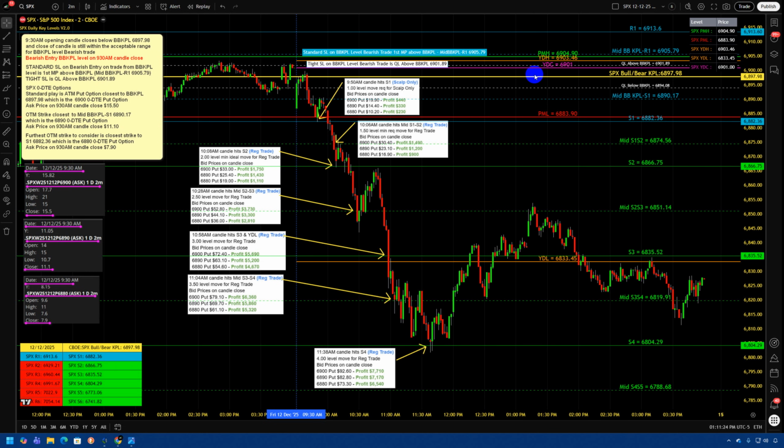However, it did still close below the bull bear key price level, so that is still a bearish entry, even though it is a large green candle, because mainly it is closing below the bull bear key price level, as you can see here. So that's the most important aspect of the 9:30 a.m. opening candle, and it also is closing within the acceptable range for a BBKPL level bearish trade.